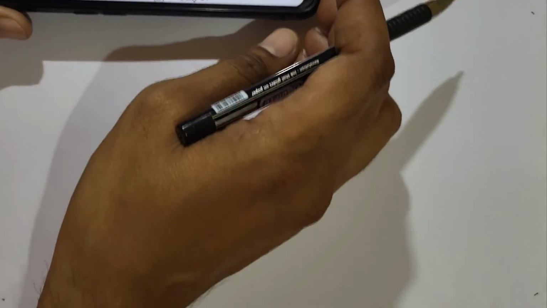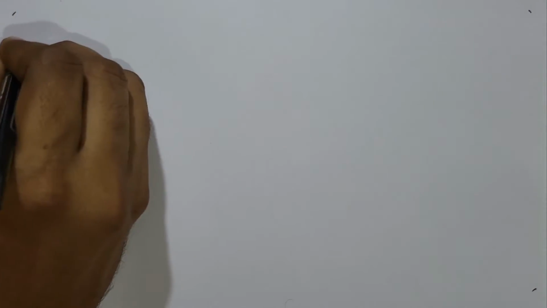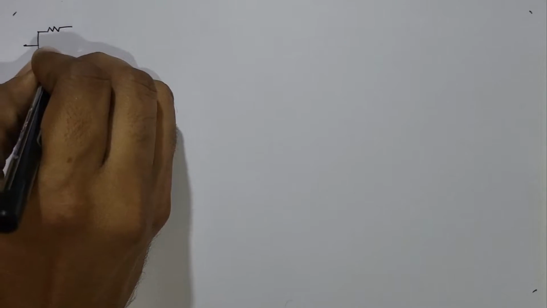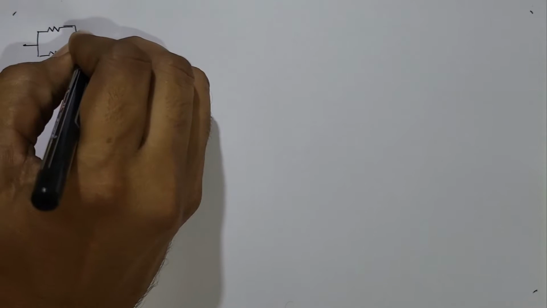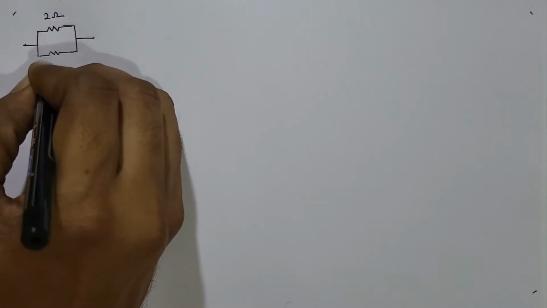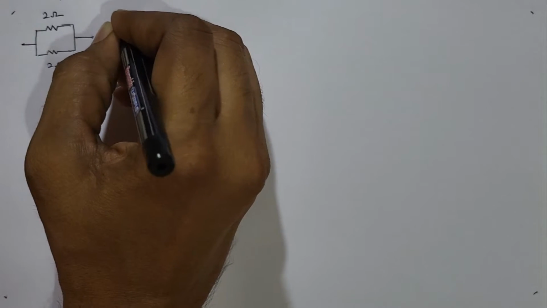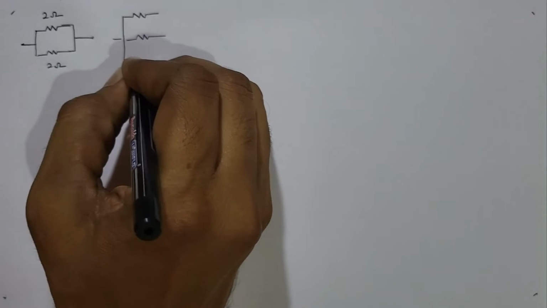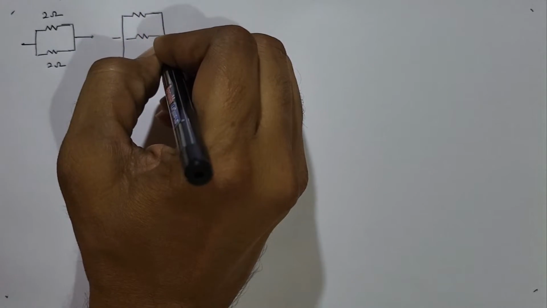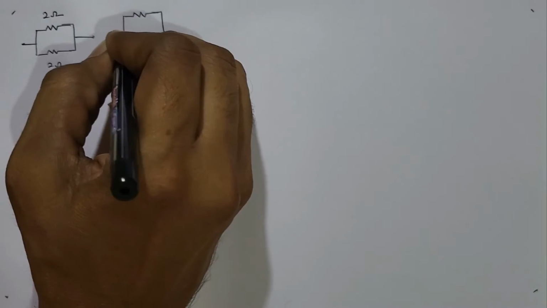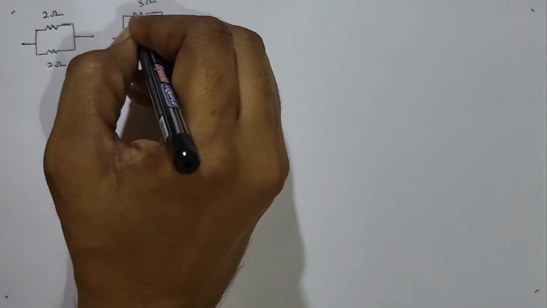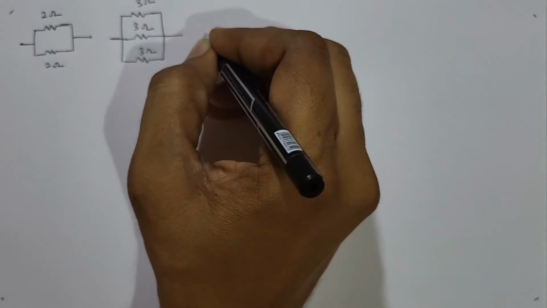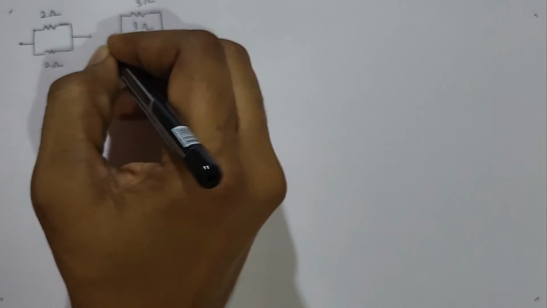Okay, so now I am going to draw the question here. The question is given like this. This is 2 ohm and this is also 2 ohm, and again here it is given as 3 resistances. This is 3 ohm, 3 ohm and 3 ohm, and here one more combination is there.